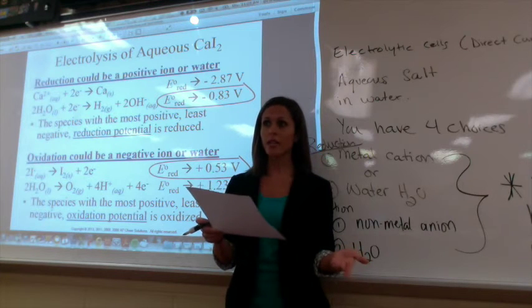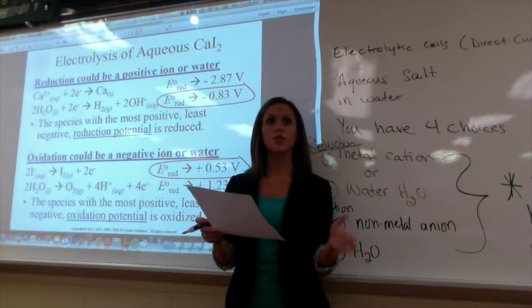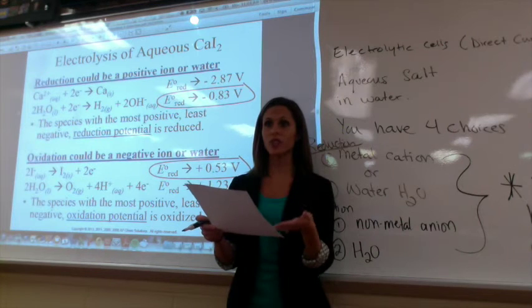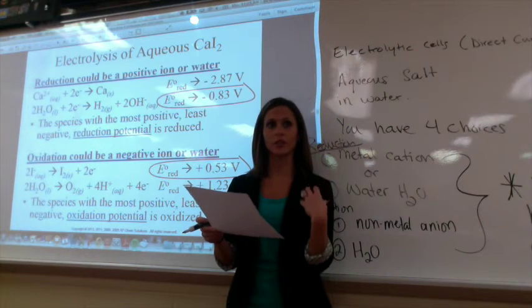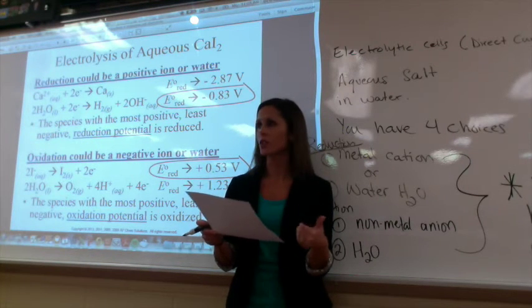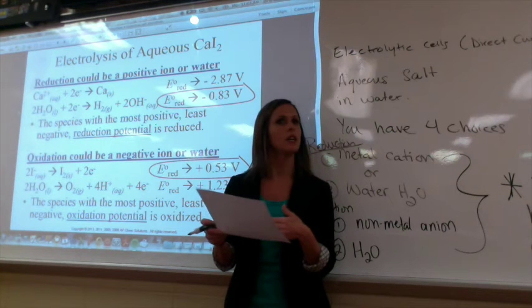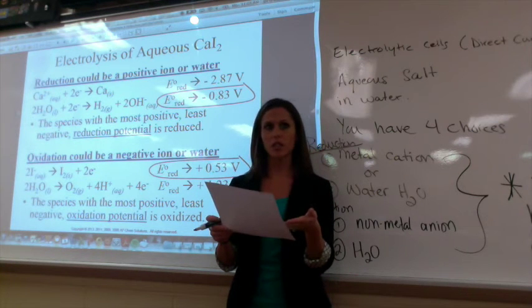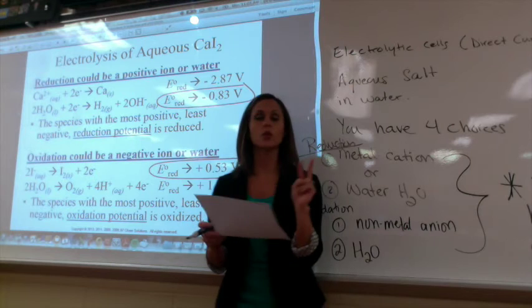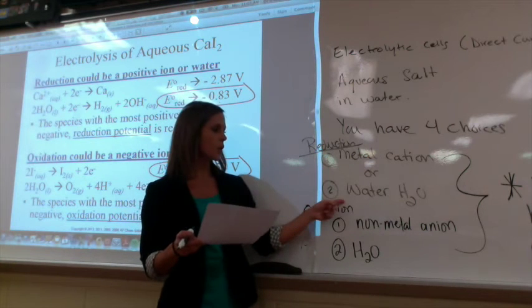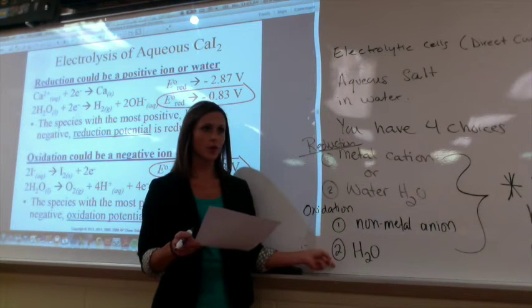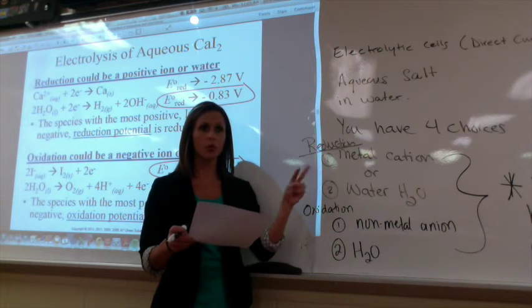Water is a reactant at that point, correct? So then the electrons are being reduced because they're gaining them, right? LEO says GER, gaining electrons is reduction. If it's gaining them, then that's the reduction. Okay, so now I have 2 choices. The metal cation or water, or the nonmetal anion or water. You see how water can play both roles.